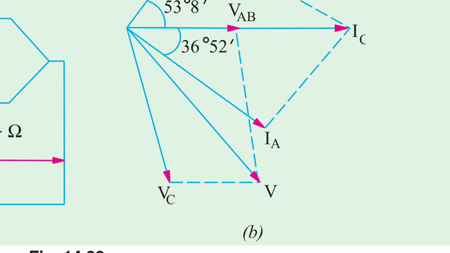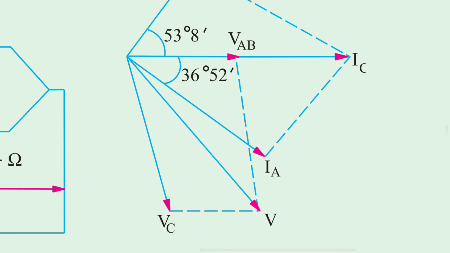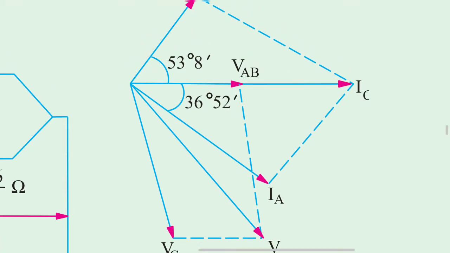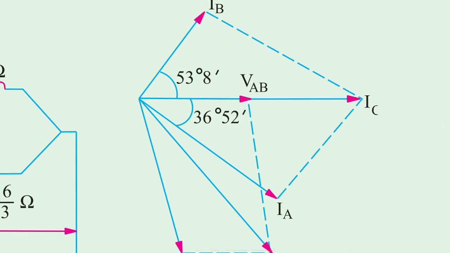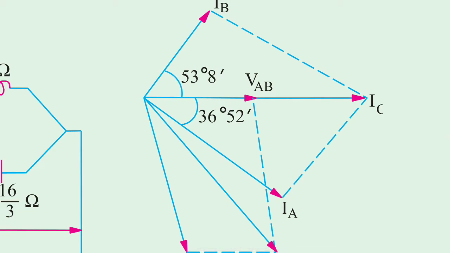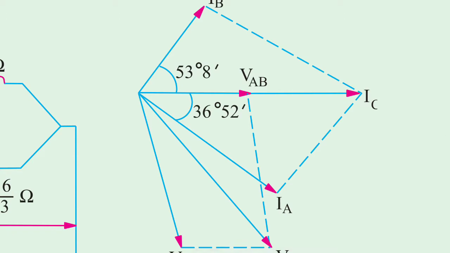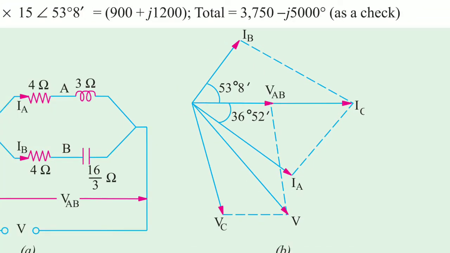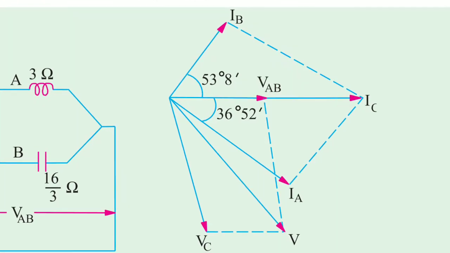Now go for another parameter, which is current. The series current, that means branch C current IC, is given as 25 angle of 0 degrees. That would be taken on the x-axis as the reference.